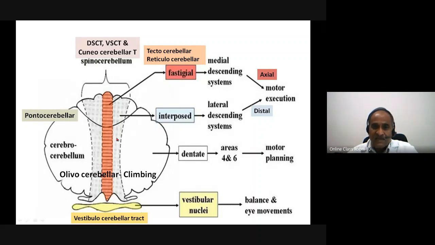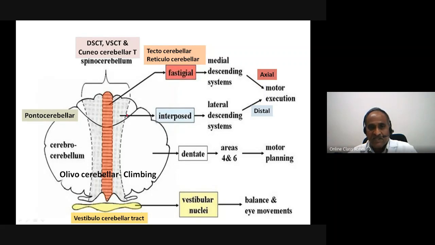Each of these cerebellar parts has deep cerebellar nuclei. We have practically 3 deep cerebellar nuclei, now called the fastigial nucleus, interpositus, and dentate. The dentate nucleus is present in the lateral part of the cerebellum, or the cerebral part of the cerebellum.